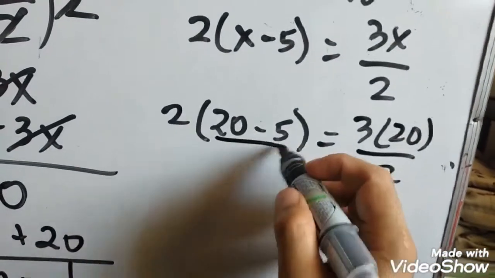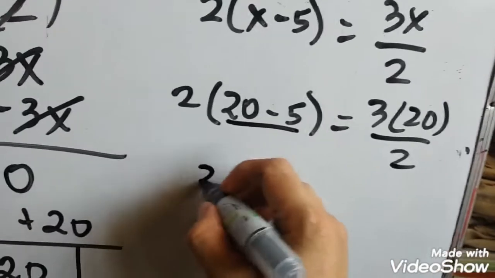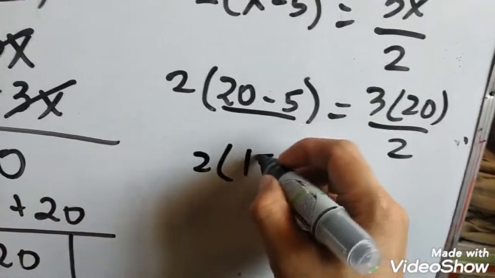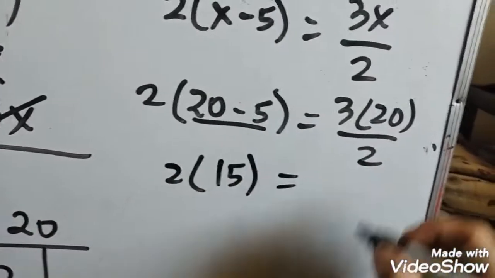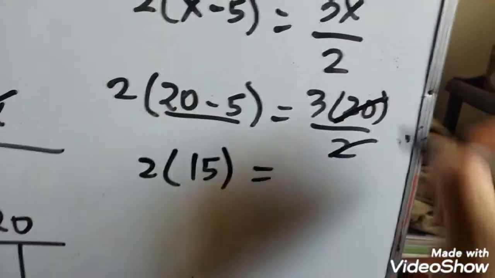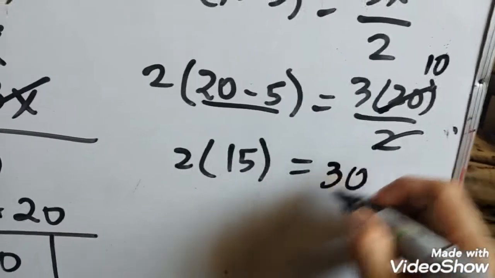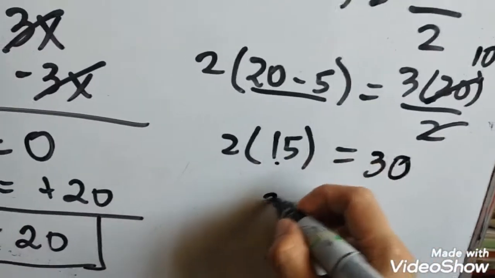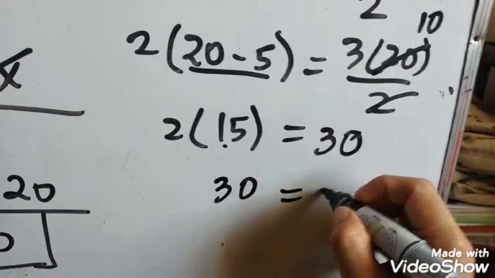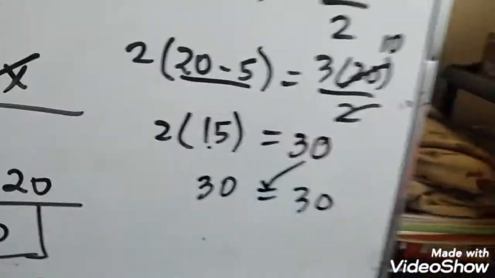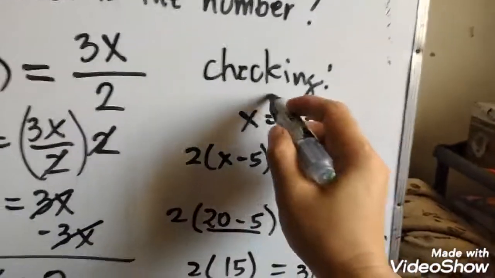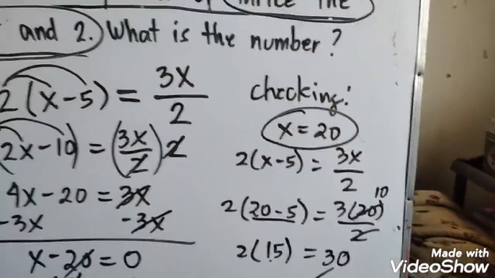Then, simplify first. 20 minus 5 is 15, so 2 times 15. On the other side, we can cancel, this will be 10, and 10 times 3 is 30. And 15 times 2 is 30. 30 equals 30. So that is a check. Therefore, x equals 20 is correct.